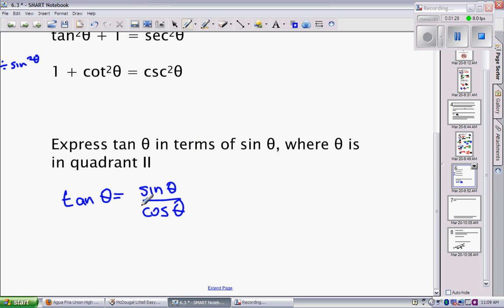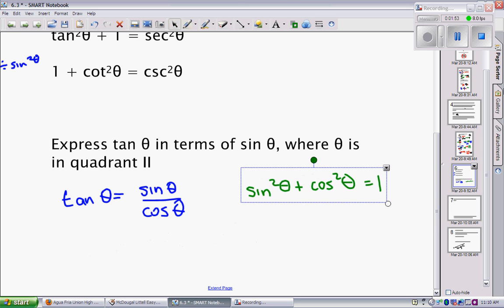So that means we need cosine to be in terms of sine. So we need to work with our first identity, and we need to get cosine theta alone.